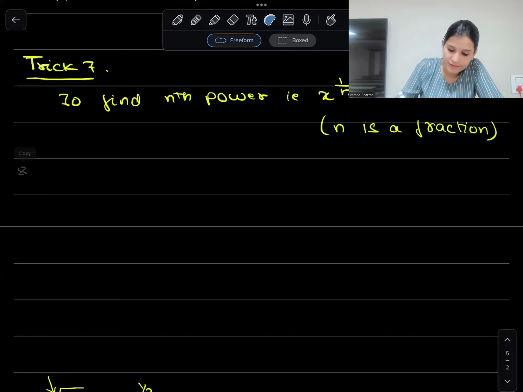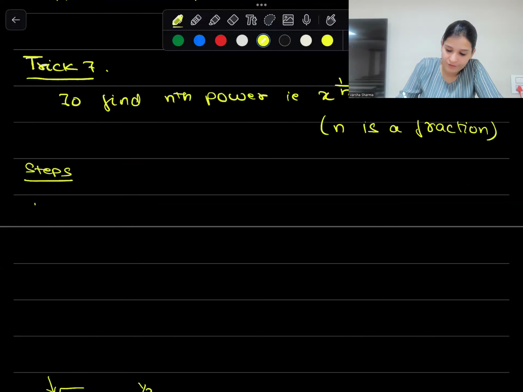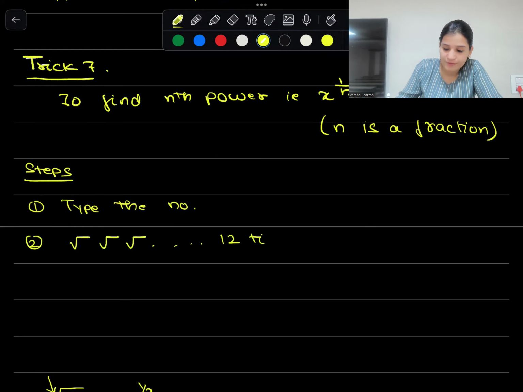Please note down the steps. First, type the number. Second, press the root sign 12 times. Irrespective of your question, you have to press it 12 times, whatever may be the question.